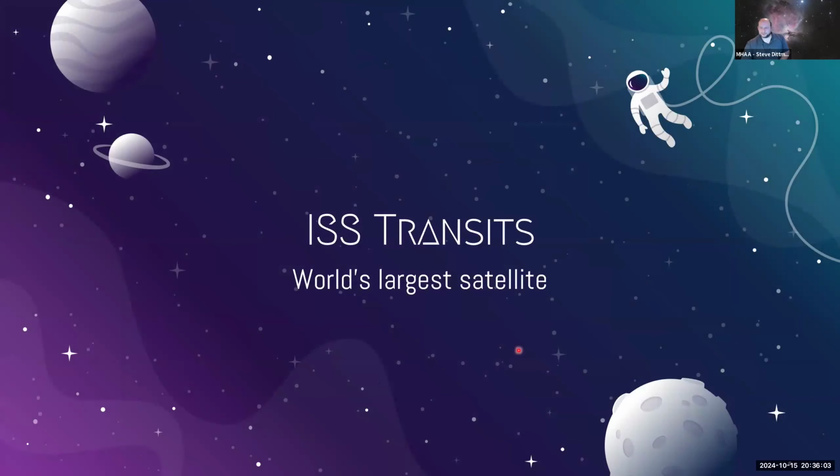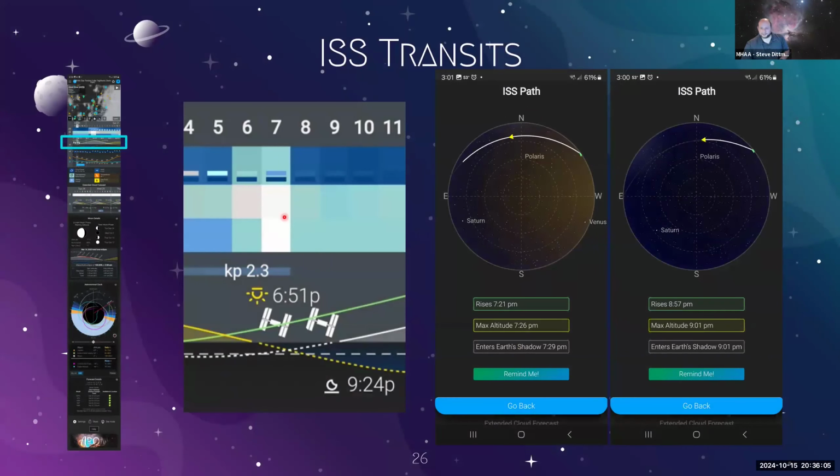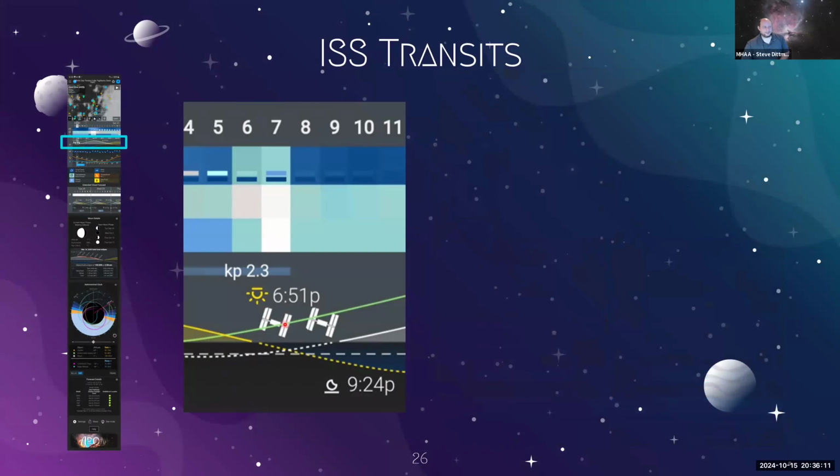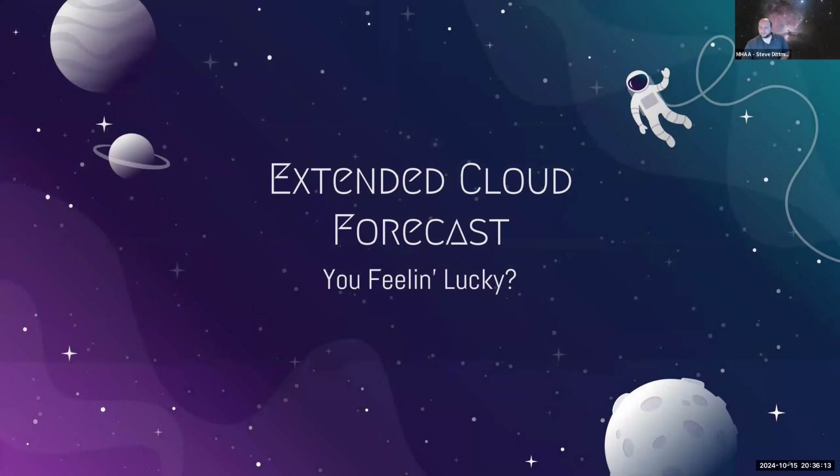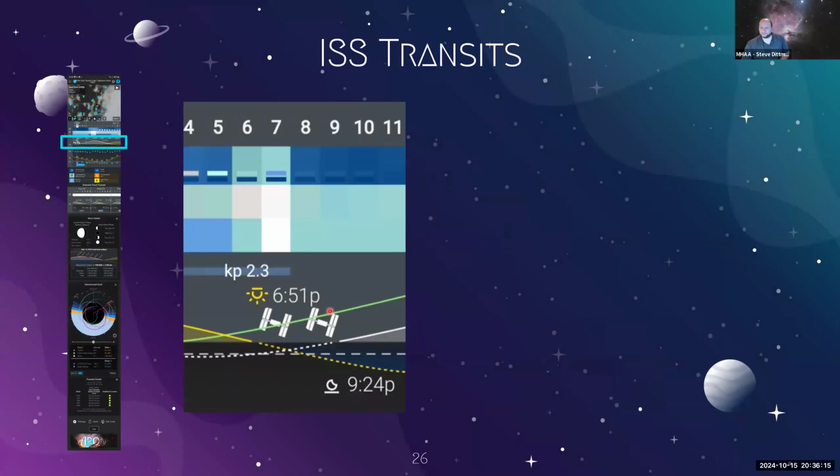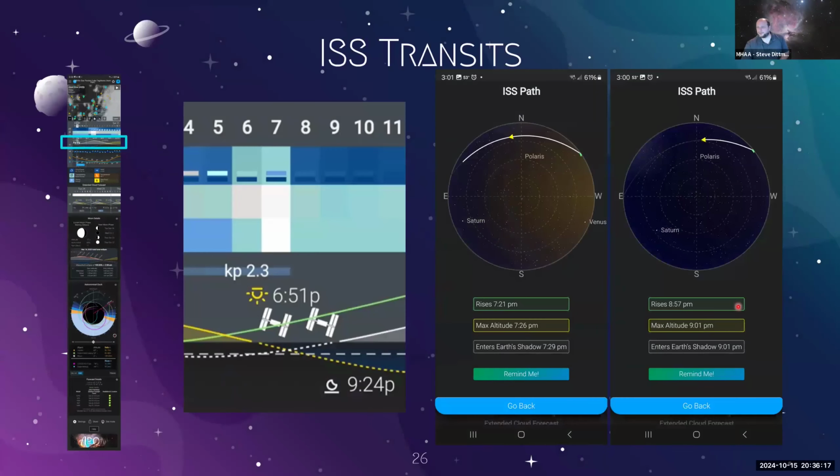So I mentioned the ISS transits. The icon that we see there, the little ISS icon, stands out pretty well. If you tap on those, you can see here that it shows the arc that the ISS is going to be following. The way you read this would be like holding your phone up to your zenith, straight up.